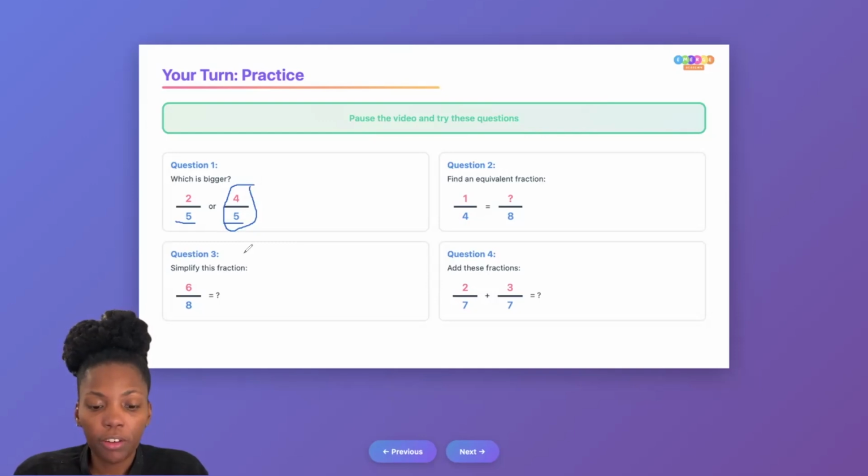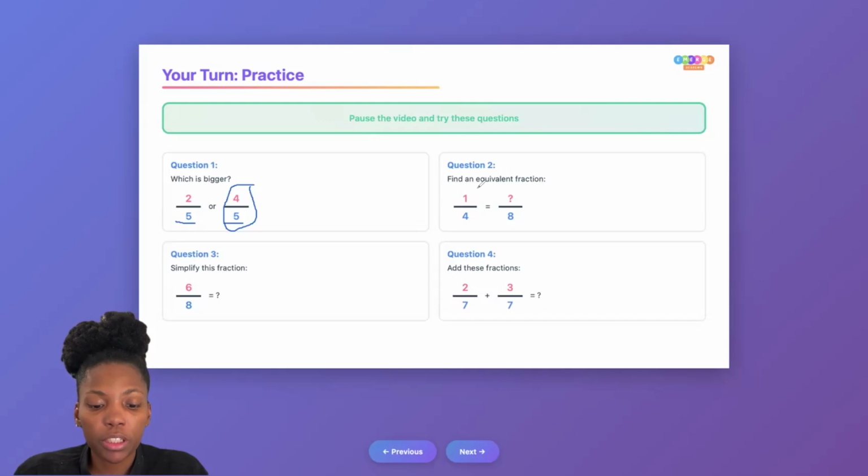Question 2, find the equivalent fraction. Now remember, to find the equivalent fraction, we're going to times the top number and the bottom number by the same number. In which case, we're going to stick with 2 to begin with because it's straightforward and easy to do.